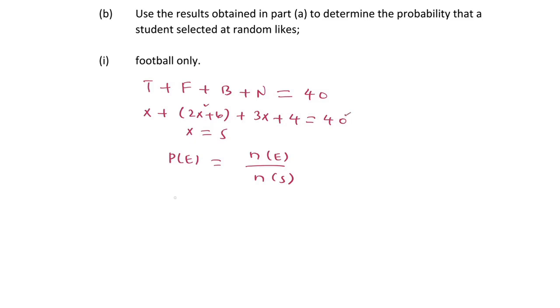Then our probability of events is going to be 2x plus 6 over 40. Now let us substitute the value of x with 5. We are going to have probability of events equals 16 over 40. Simplifying this, we are going to have probability of events equals 2 over 5. And this is the probability needed.